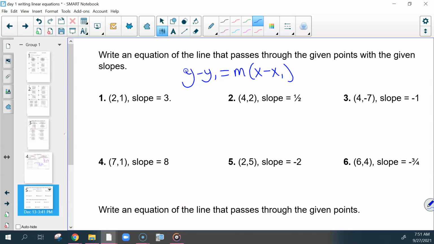So that's y minus y1 equals m times, in parentheses, x minus x1. So this is called the point-slope formula. This is very helpful when you're given a point and slope.